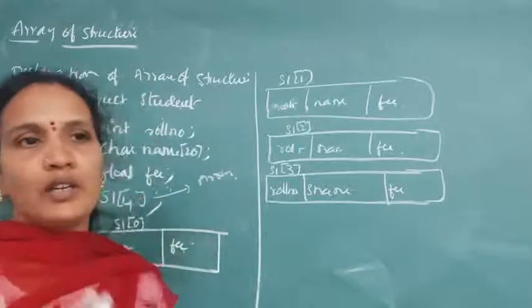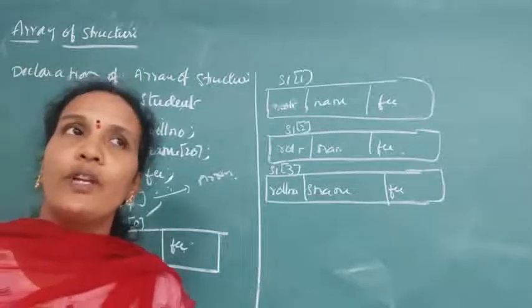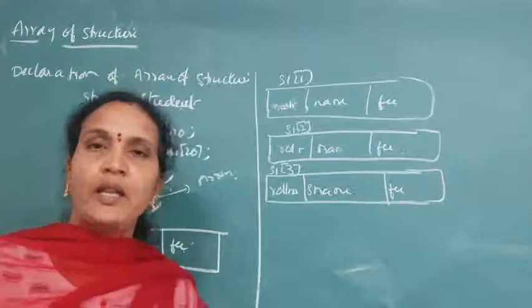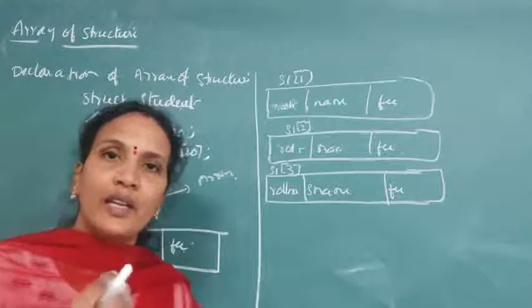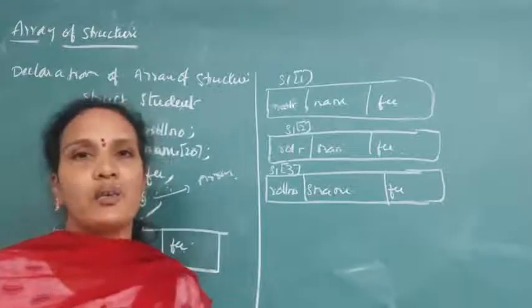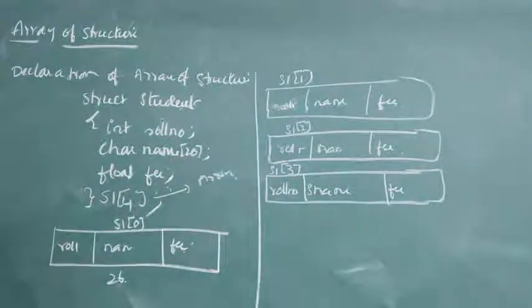See, without the structure array also we can write the programs. Actually, we use the structure array when you have many variables using the same structure; then instead of declaring many variables, you can declare all of them as an array. Okay, so that concept is called array of structure. Okay, now we'll write an example program.